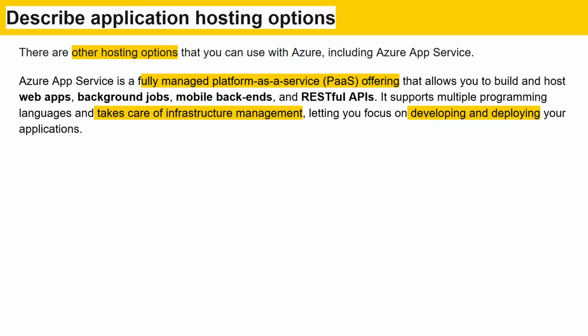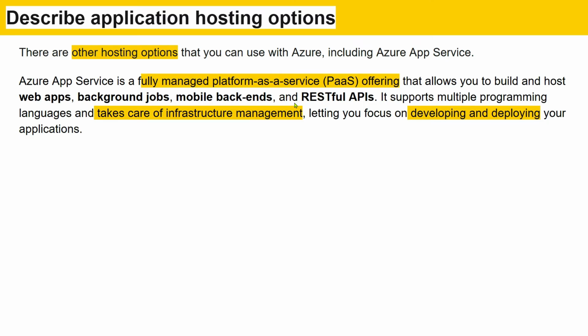Now what is the key benefit when I say platform as a service? You don't have to manage or take care of infrastructure. Infrastructure means the resources utilized, the OS, the software, all of the things you don't have to manage.